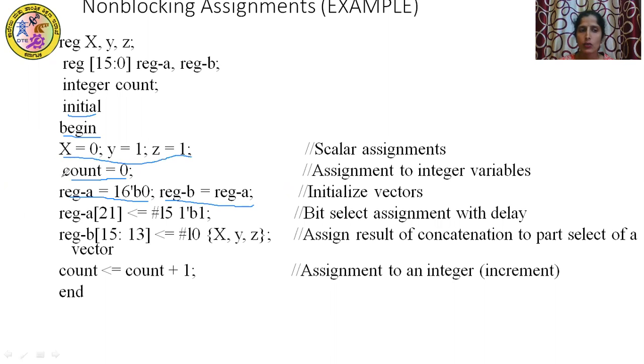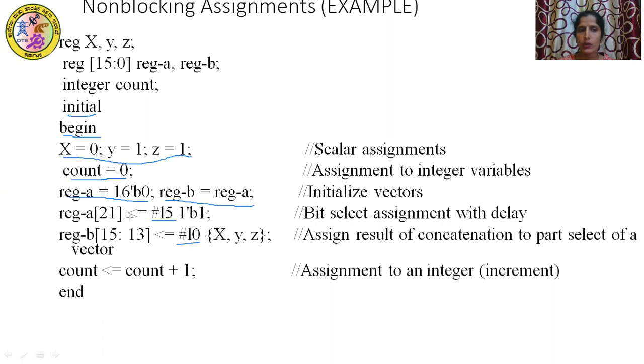Since they are not associated with any delay, all of them will be executed at 0th instant of time. So coming to the next statement, which is associated with a delay of 15 time units, and one more statement which is associated with a delay of 10 time units.